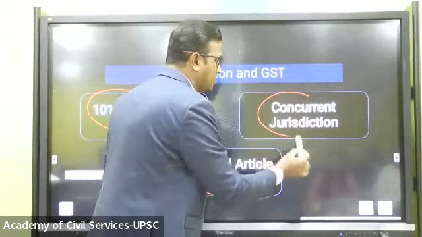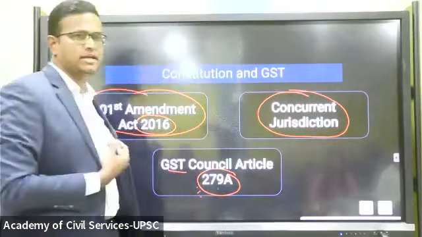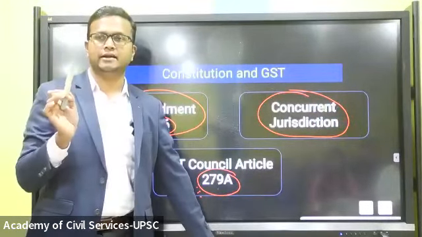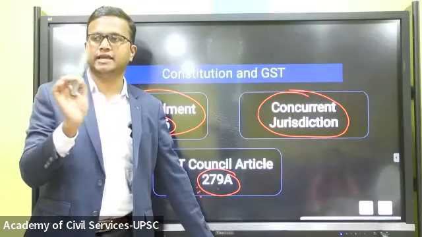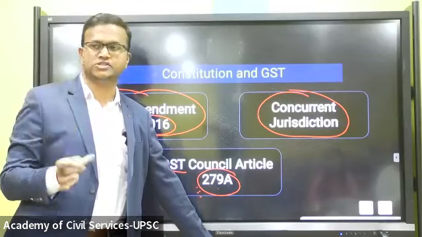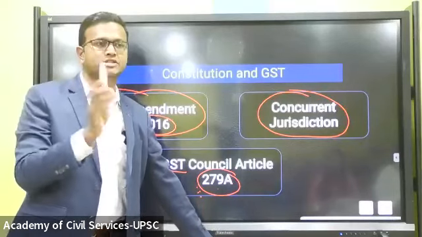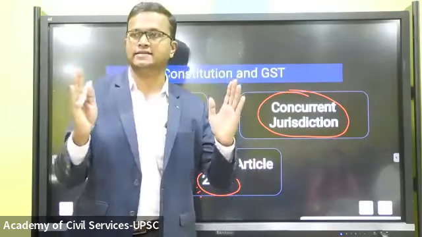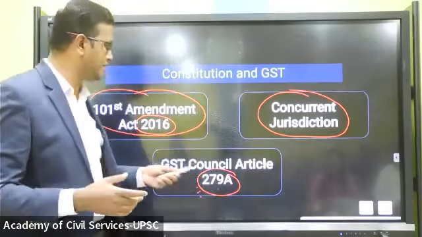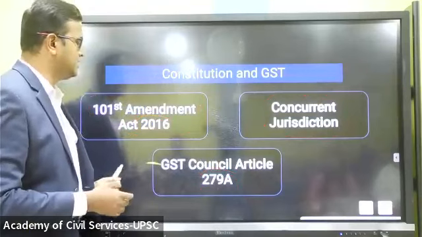GST comes under concurrent jurisdiction. That means decisions on GST will be taken by collaboration of the state and center. The center alone cannot impose any decision. All states together, ignoring the center, also cannot take any decision. How that is practically implemented, I can explain when we explain the GST Council.